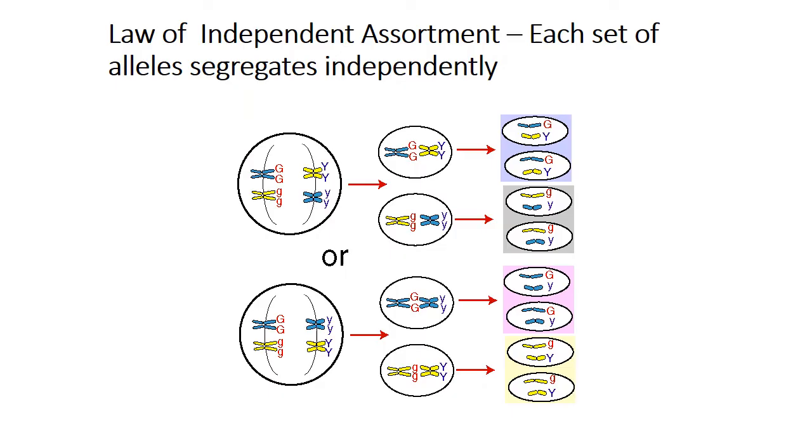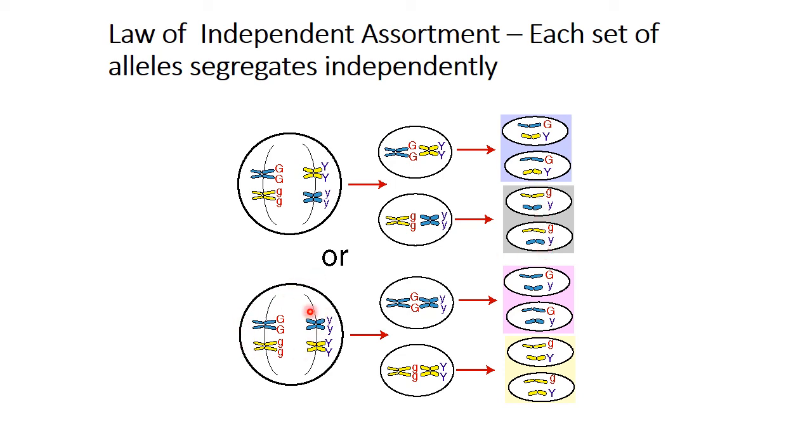The law of independent assortment says that each allele will segregate independently of each other. So this is where we get something that looks like this, where we get the big G, big Y, where they can segregate this way, and you get a big G, big Y, and a little g, little y, little g, little y.